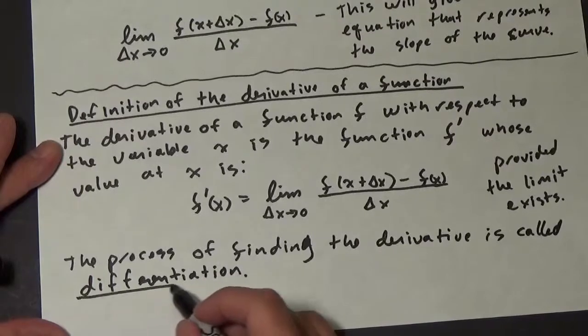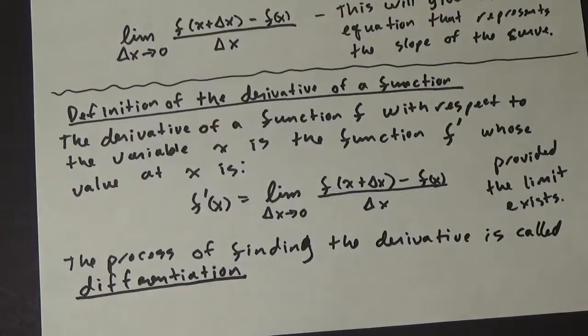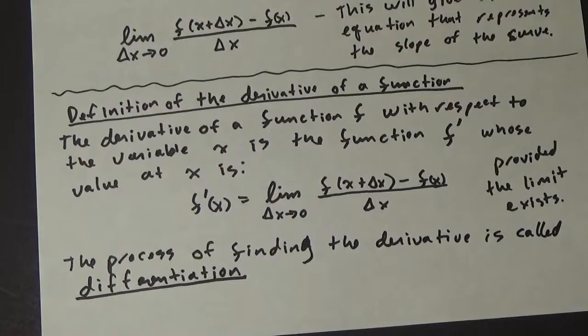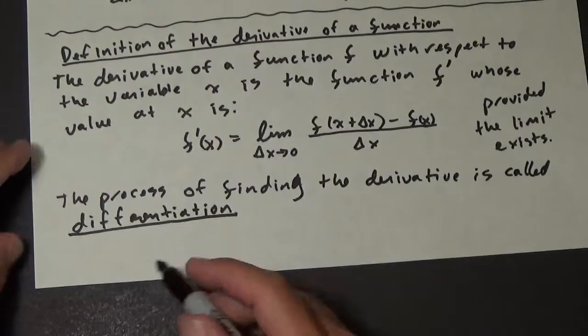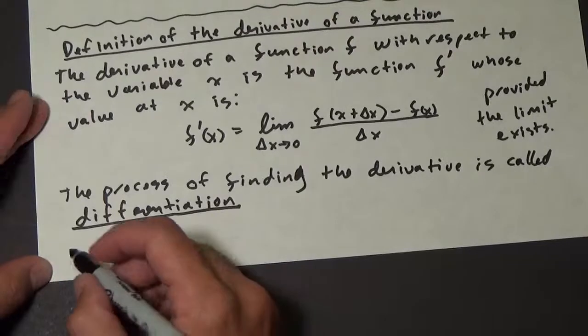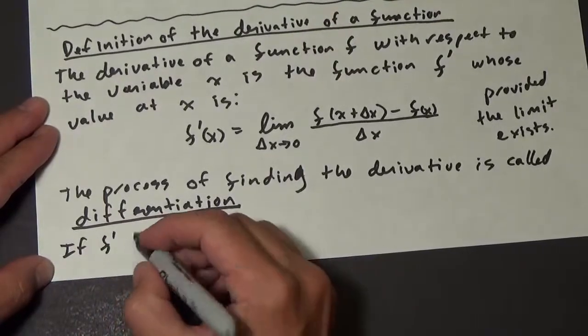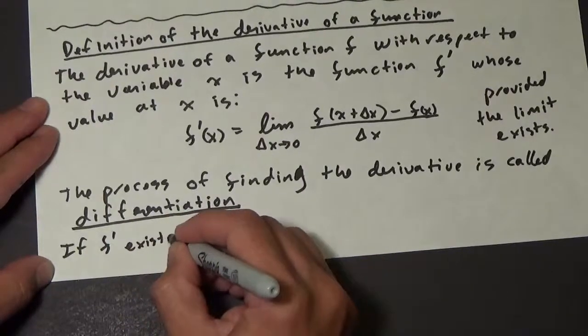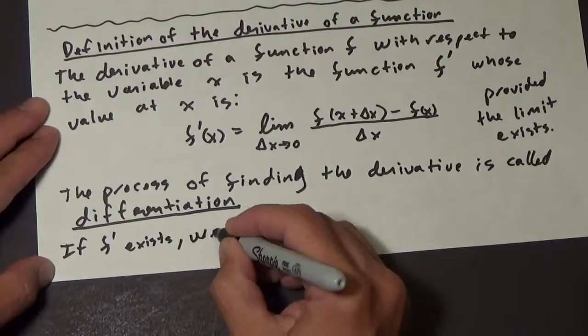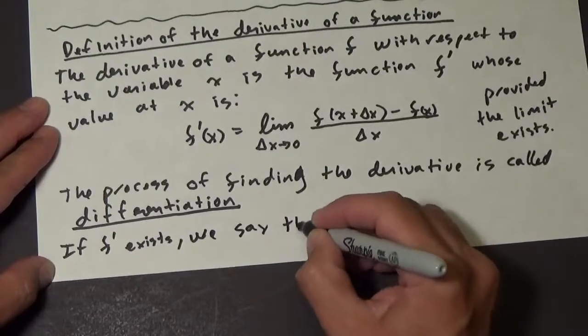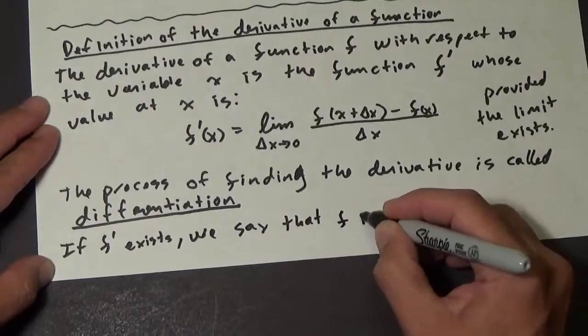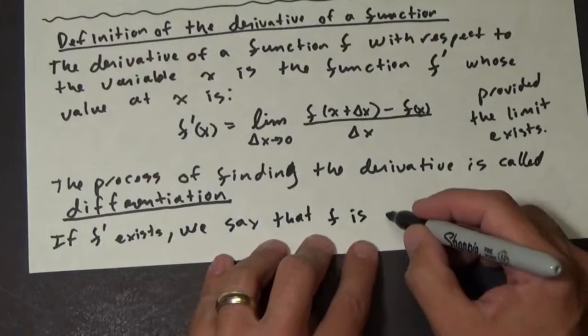Okay, so there's another new word. And if f prime exists, we say that f is differentiable at x.